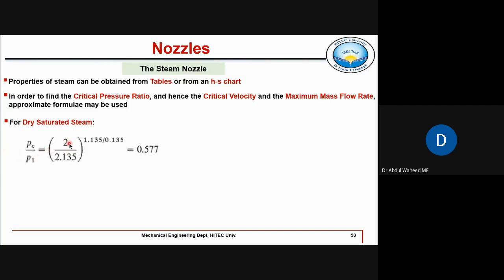PC over P1 is equal to 2 over gamma plus 1. Here we are using an approximate value of gamma. For dry saturated, it is 1.135. So here is the critical pressure ratio if the steam which is flowing into the nozzle is dry saturated.